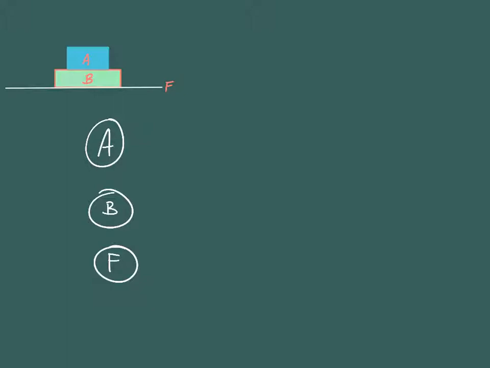All right, so we don't neglect the earth. So earth is kind of big, so I'll just draw it there. And so we could include the earth in our system.